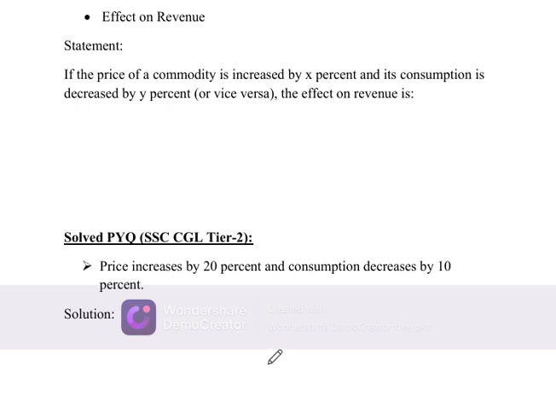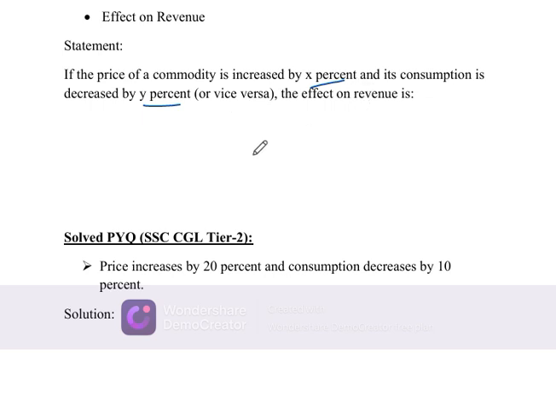So let's start the topic for today, which is effect on revenue. If there's a change in the price of the commodity, what effect on the revenue is given, you can directly find it using the formulas. If the price of a commodity is increased by X% and its consumption is decreased by Y%, or if it's a vice versa case, that if there's decrease in the values leading to the increase in the consumption, what effect on the revenue does it give?